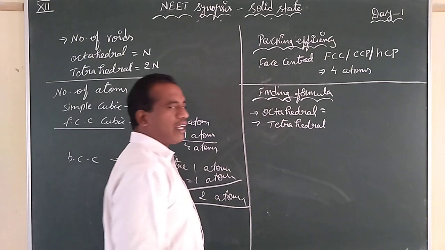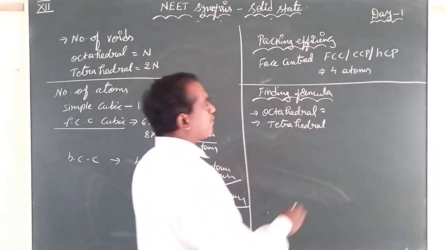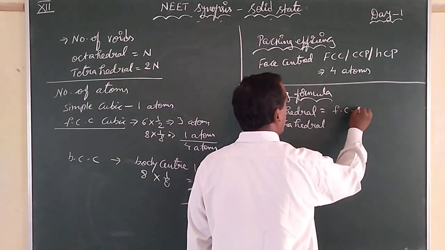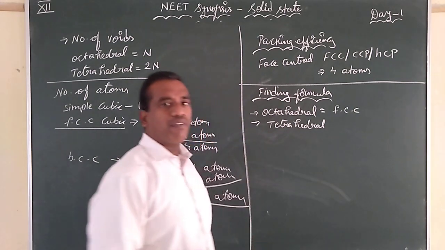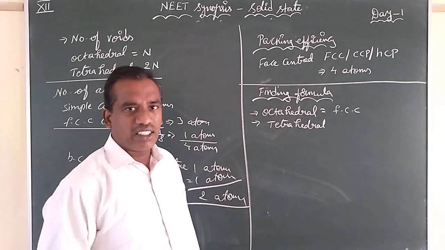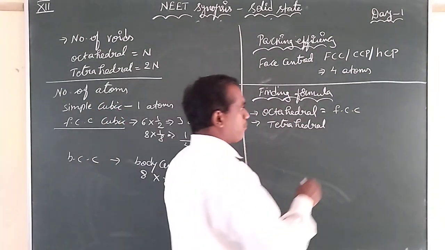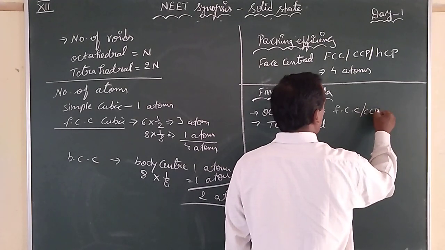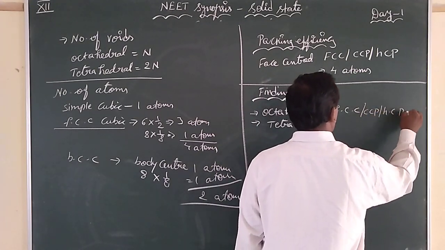How is the octahedral void filled? The octahedral void will be filled with the type of arrangement called FCC, that is face-centered cubic, or CCP or HCP.